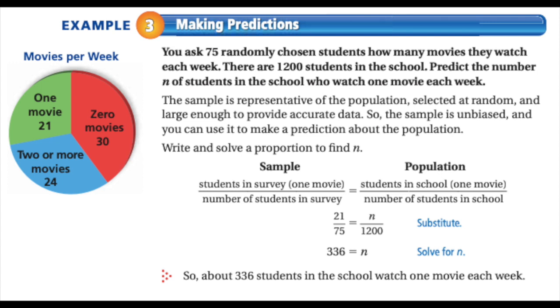The 1200 is in the denominator because, again, it's that total, right? Then they can cross multiply. You get 75n is equal to 21 times 1200. When you solve for it, you get 336. So based on the survey, we can make a prediction that 336 students in the school watch one movie each week.